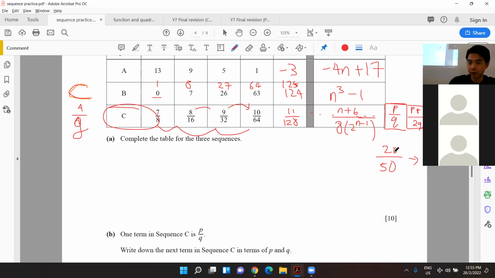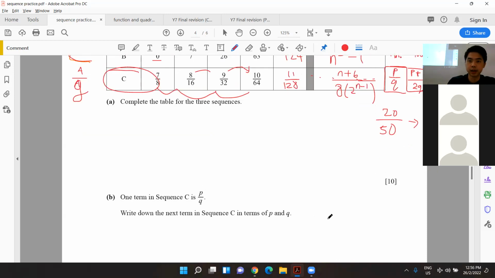So if term 1000 is P over Q, then term 1001 is going to be P plus 1 over Q times 2.